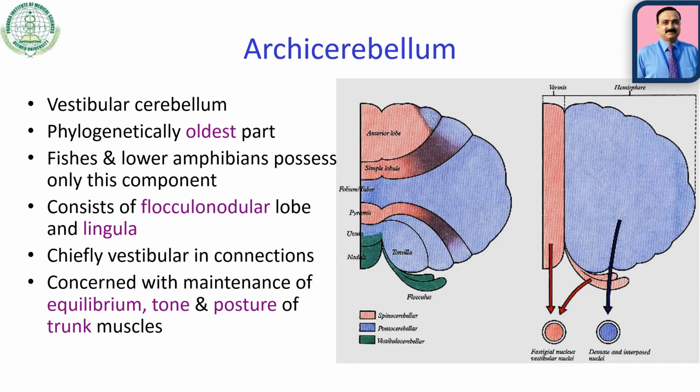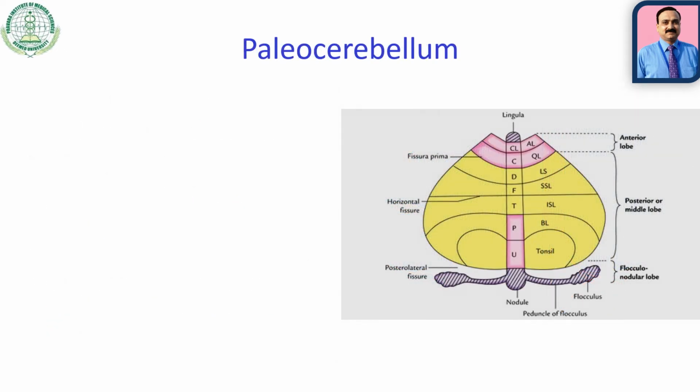So that is the archicerebellum. Now coming to the paleocerebellum. In this diagram you can see the archicerebellum is the nodule, then the flocculus, that is the flocculonodular lobe, and this is the lingula. All three parts are shown with the same color, crossed lines.